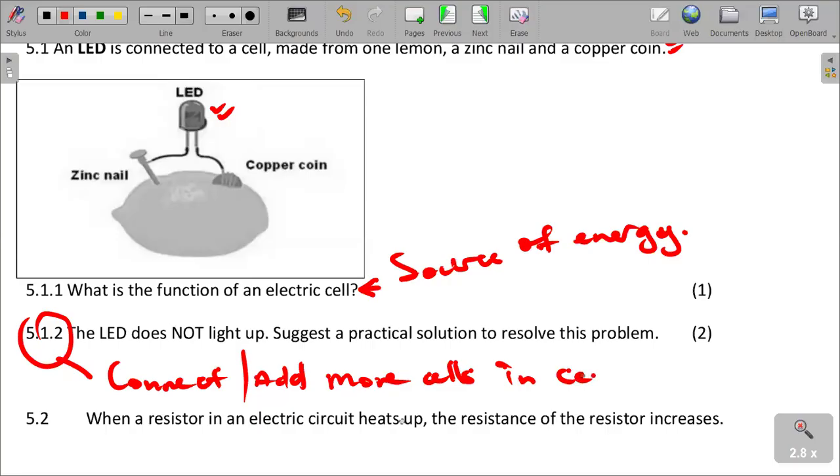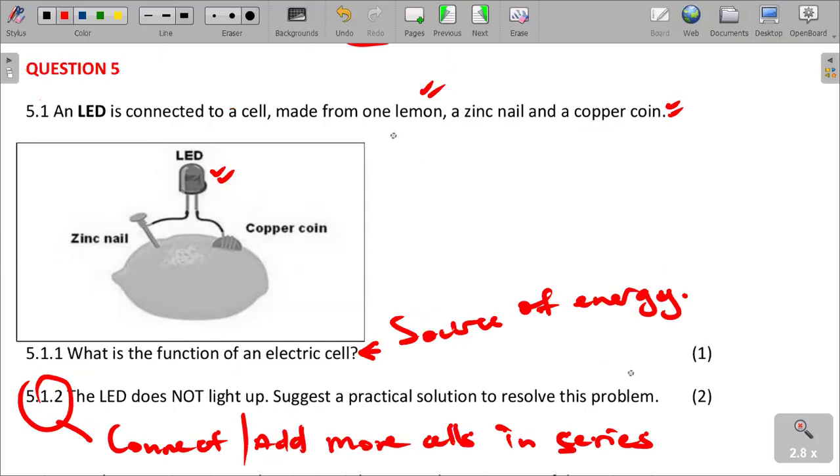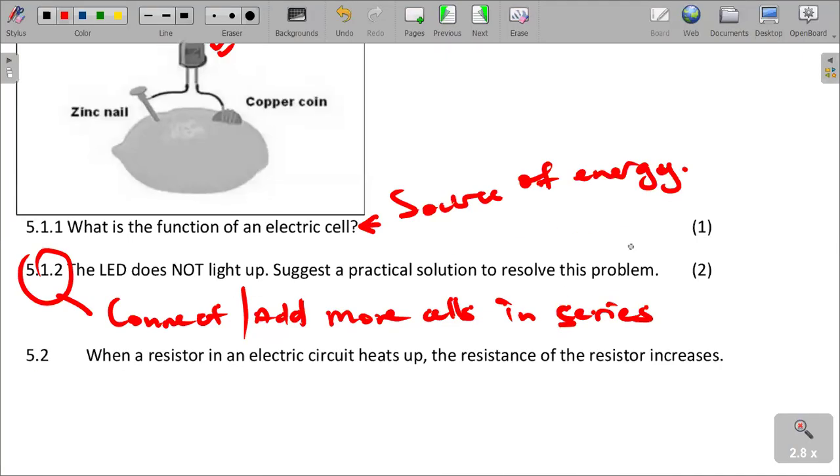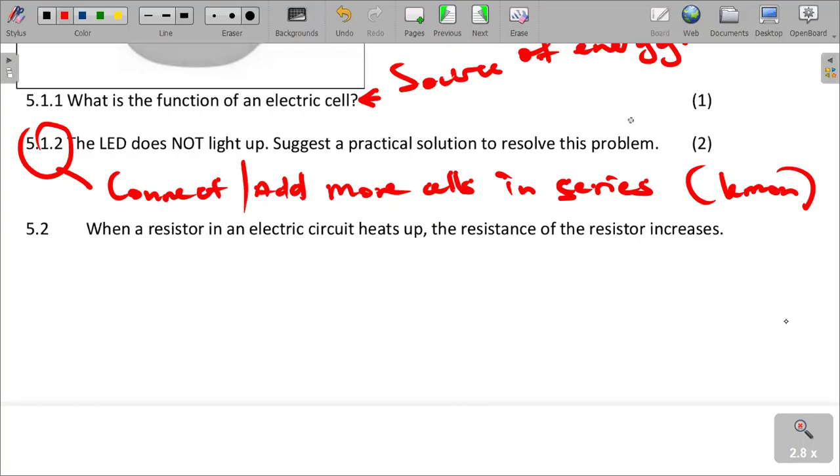In series. As you can see here, the lemon is being used to provide the energy. So we must add more lemon cells that are connected in series in order to boost the power supply there.